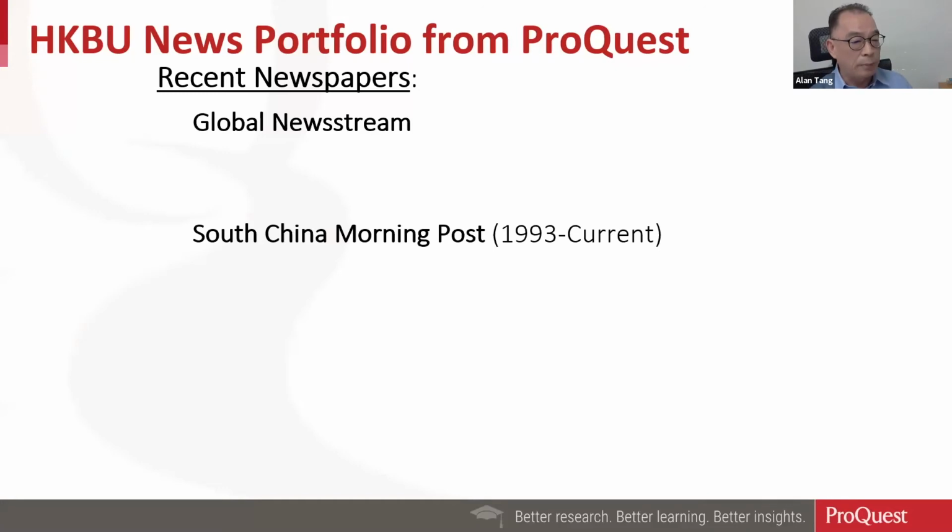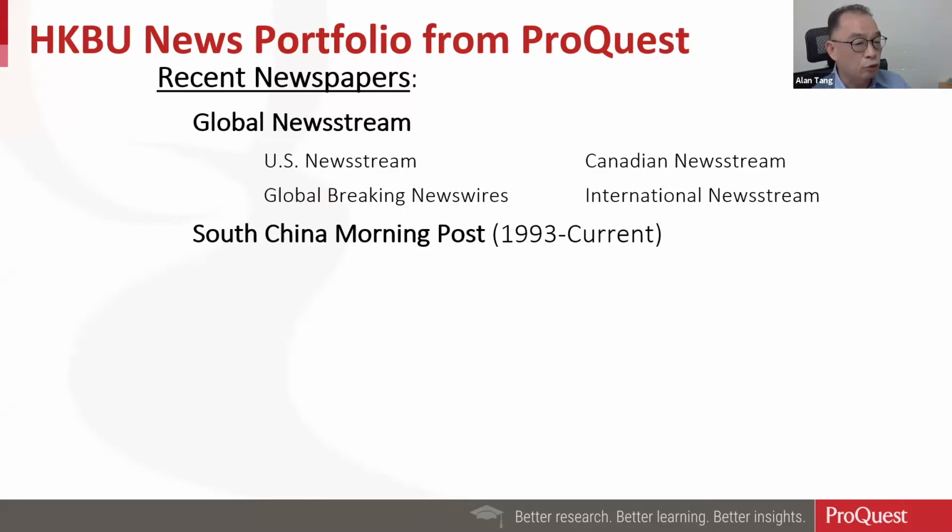Under the recent newspapers, there are Global Newsstream and the South China Morning Post. Under Global Newsstream, there are 4 main collections: US Newsstream, Canadian Newsstream, International Newsstream, and the Global Breaking News Wire.